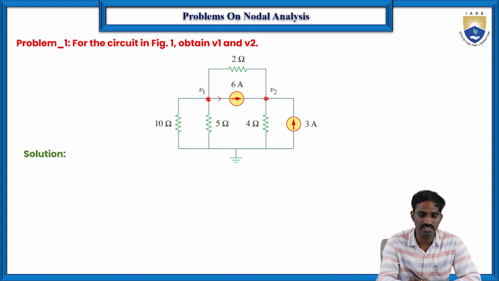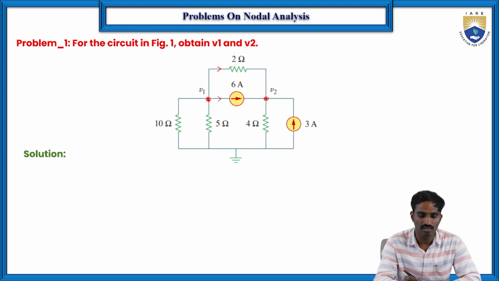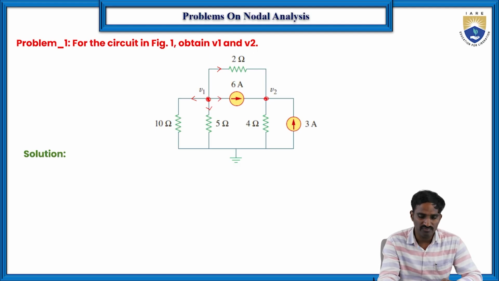Here it is already indicated, this is 6 amperes. Let us consider the current flowing through this branch in this direction, and the currents in the other branches this way. Then the sum of the currents entering the node is equal to the sum of the currents leaving the node.